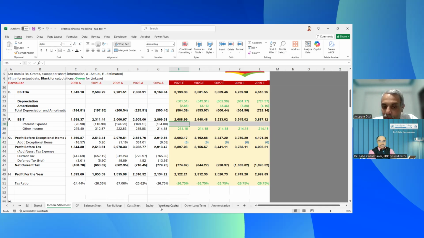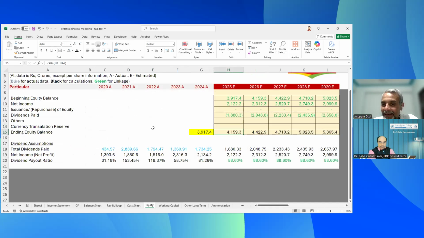Now let's come to the equity sheet. The premise for our equity sheet is that we are going to calculate the dividend payout ratio for the past years, use that as a benchmark for our future years' dividend payout ratio, and calculate the dividend based on the company's sales and profit that we have created.